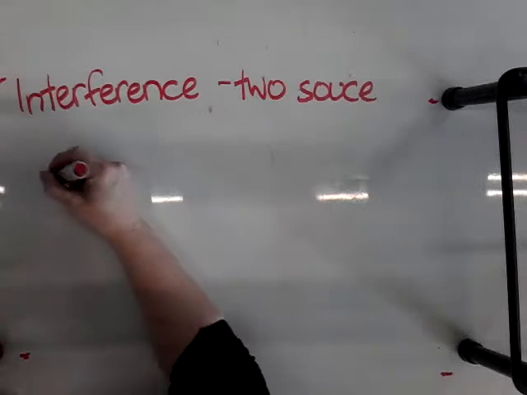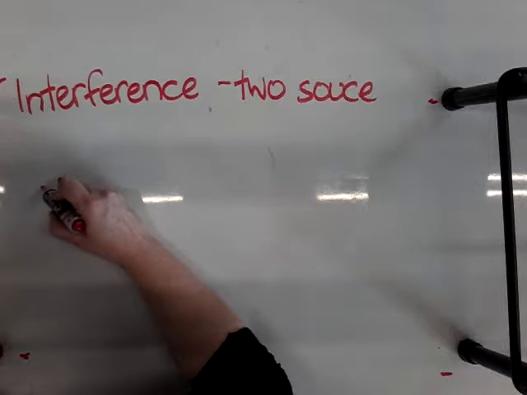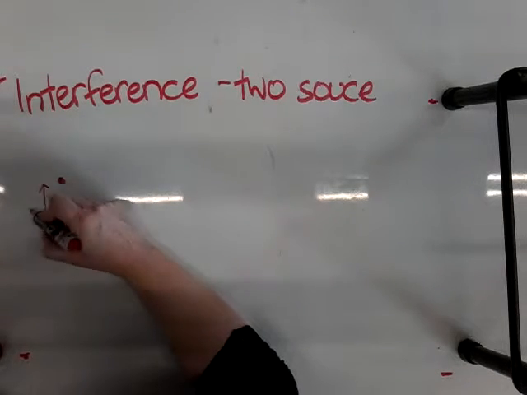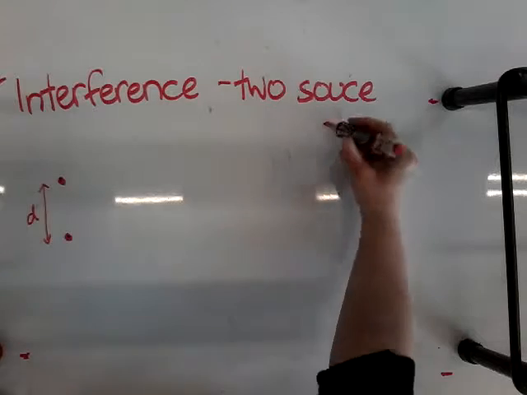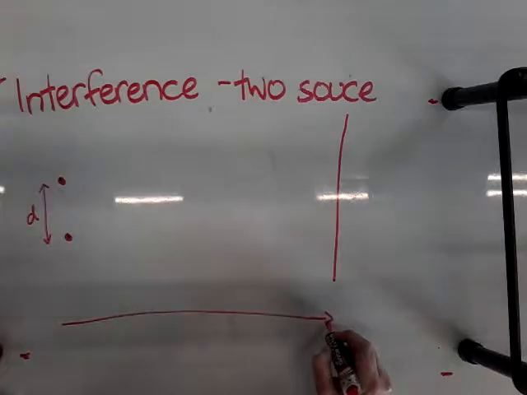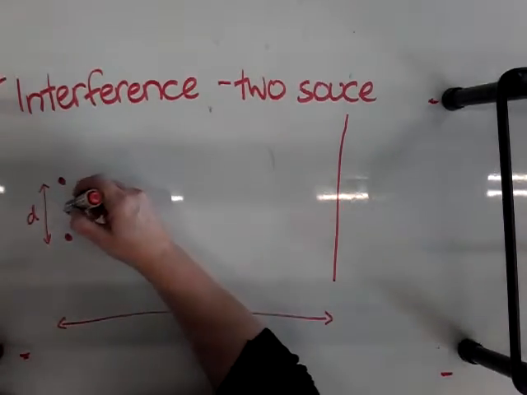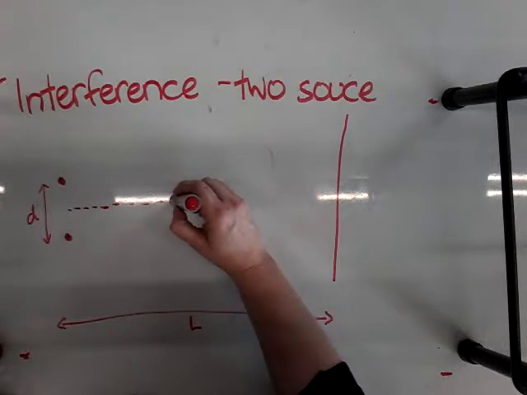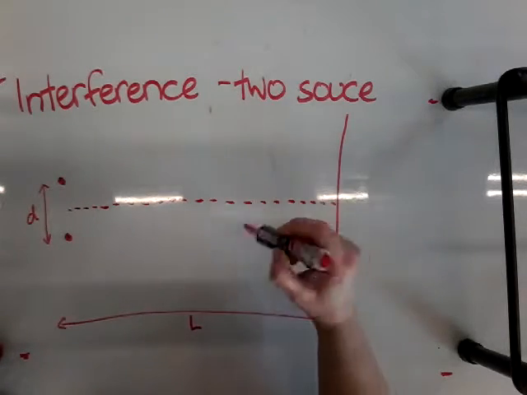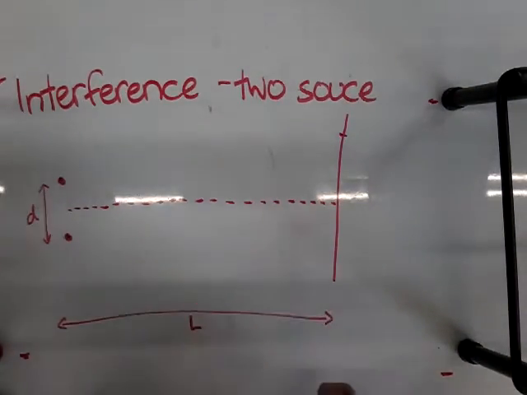So again, we're going to say we have 2 point sources, and the distance between these 2 point sources is D, and we have a screen, and this distance here between the point sources and the screen is L, okay, and we will get, along this midline, a bright fringe, but we'll also get a bright fringe, say, here, okay, and I'm going to draw this triangle in a different colour. This is a bright fringe that's happening not on the midline.